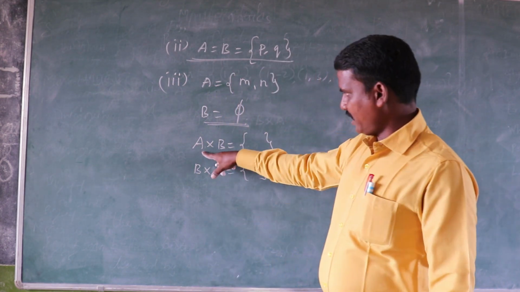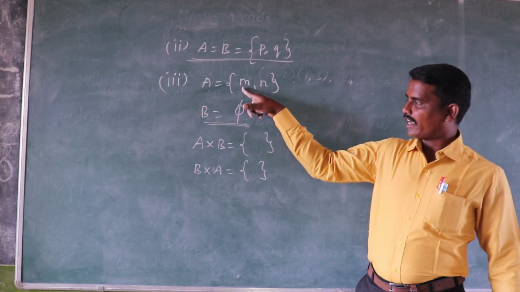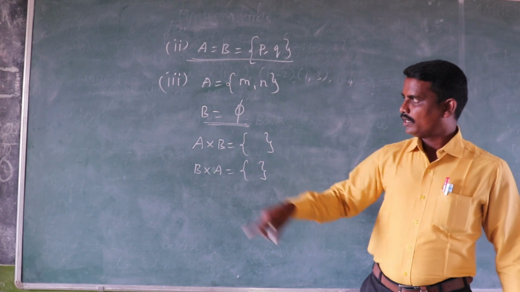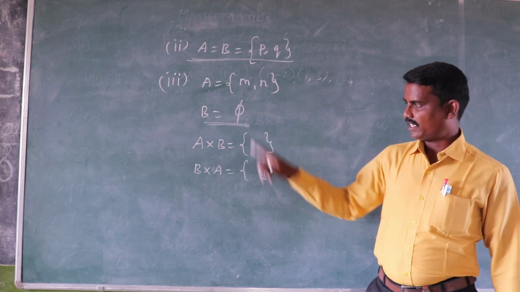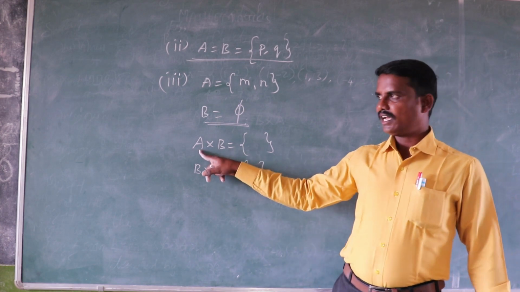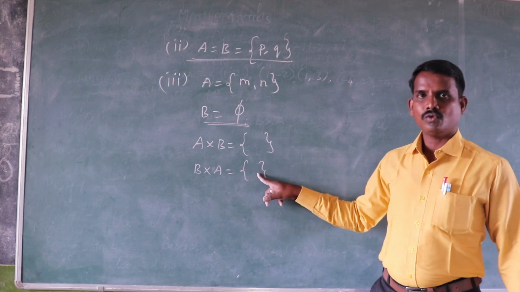Okay. Now here the set A contains elements M and N and the set B is the empty set. So A cross B is also the empty set and B cross A is also the empty set.